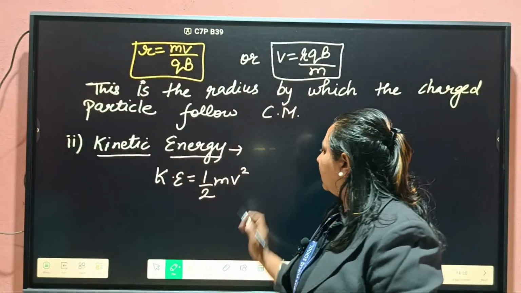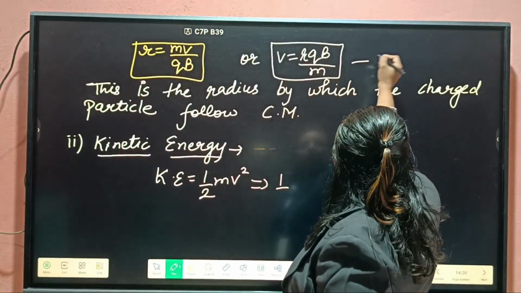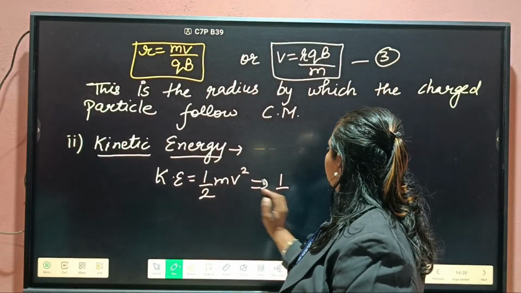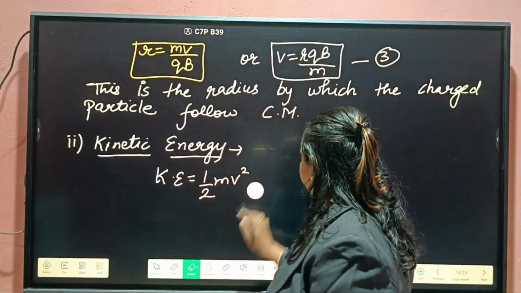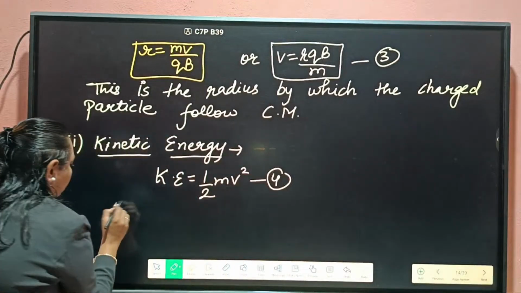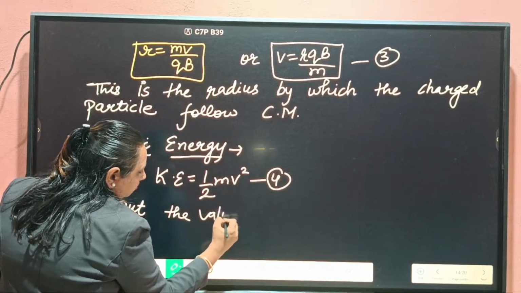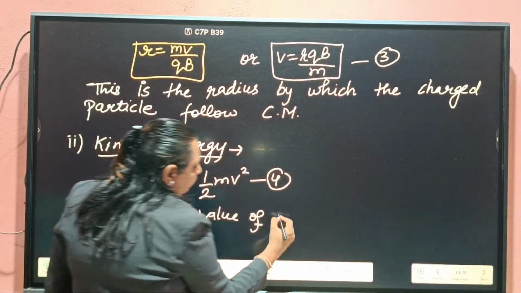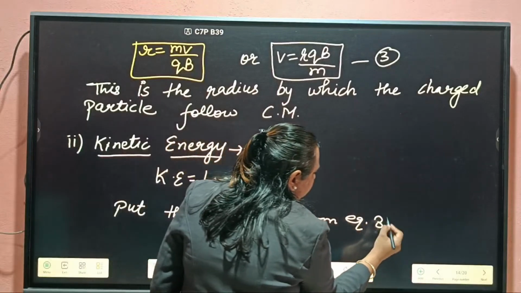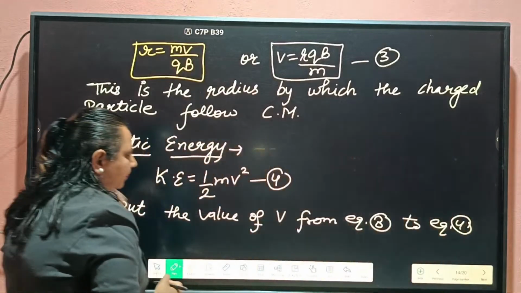This is the expression for velocity. What is the expression for kinetic energy? We put the value of v from this equation number 3 to equation number 4, ठीक है, mark it equation number 4. So put the value of v from equation 3 to equation 4.